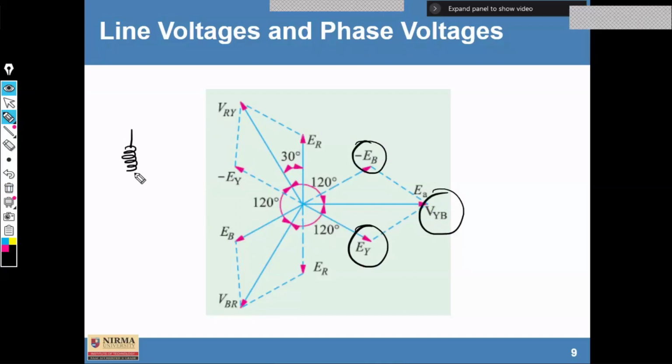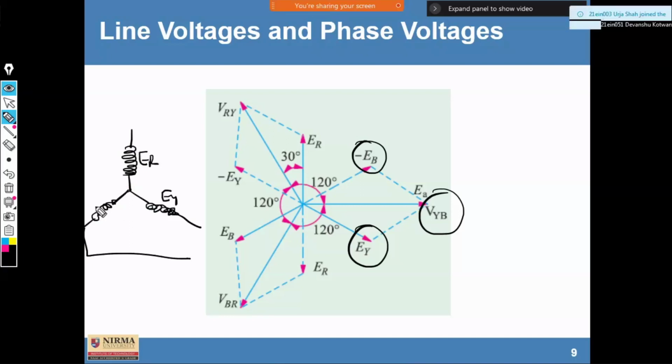Suppose this is your diagram of star connection. Clear? So this is ER, this is EY, and this is EB. Fine. So if you extend this EB into the reversed side, for the line voltage between these two, EY and EB, so if you extend these two lines, there will be a voltage that is called VBY or VL, line voltage.